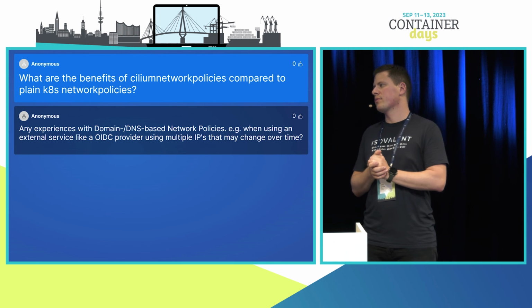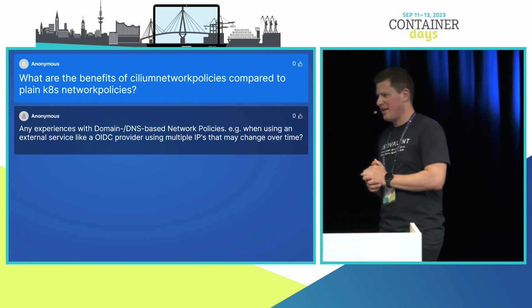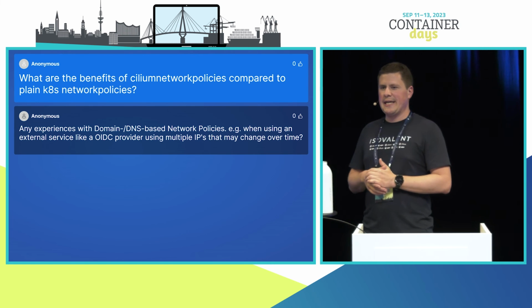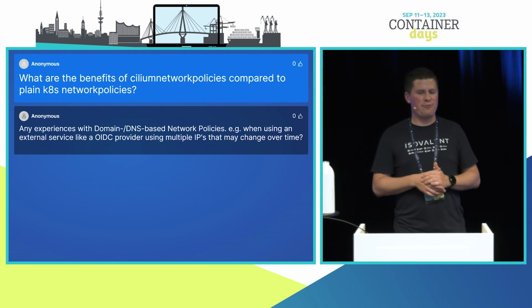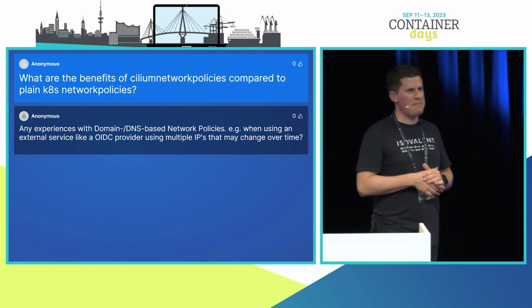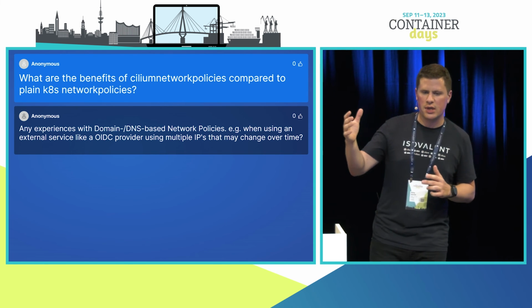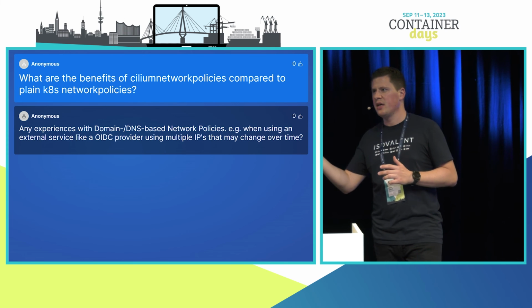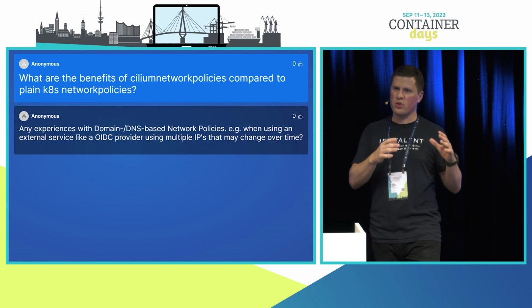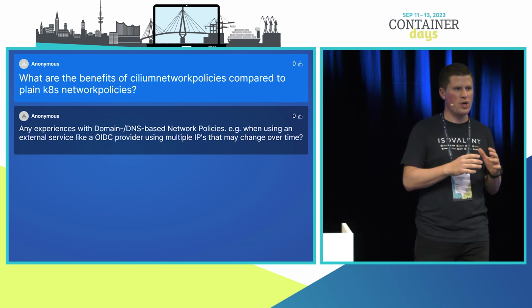So the next one is, what are the benefits of Cilium network policies compared to plain Kubernetes network policies? That's also a pretty common question. The thing is, the possibilities with the upstream default network policy spec are rather limited to layer 4, layer 3 only.